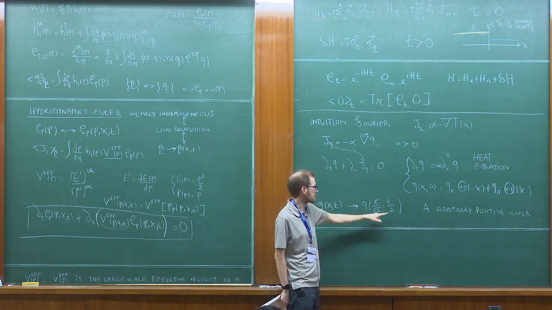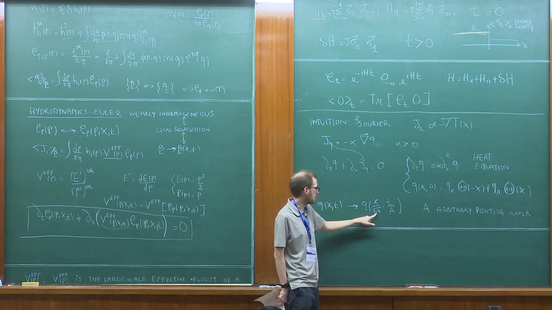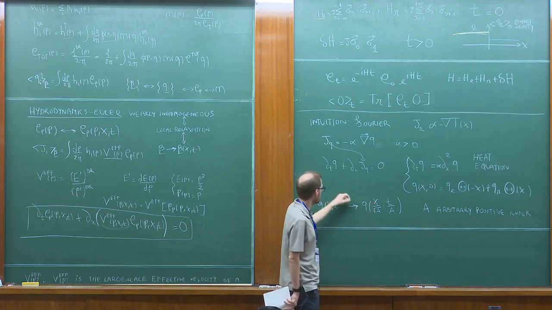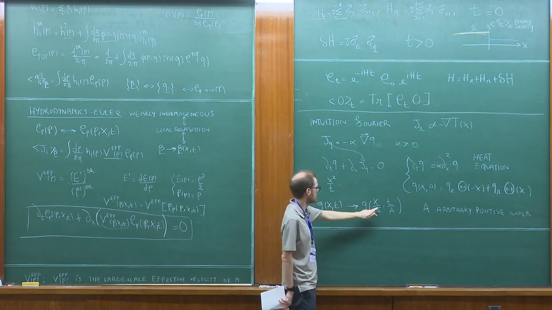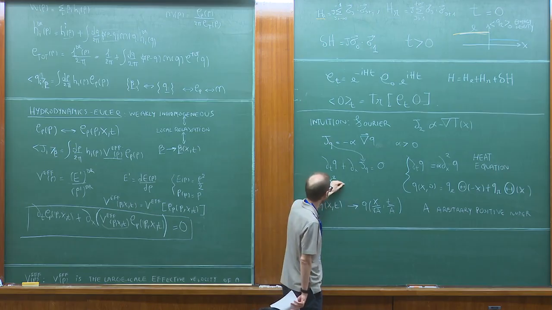Of course, the scaling is not surprising, right? If you want, this is zooming out in a diffusive way, because this tells you that x squared over t is constant. You look at space-time points scaled such that this combination, space squared over t, is constant.